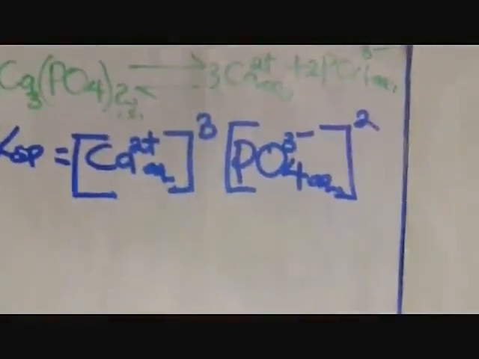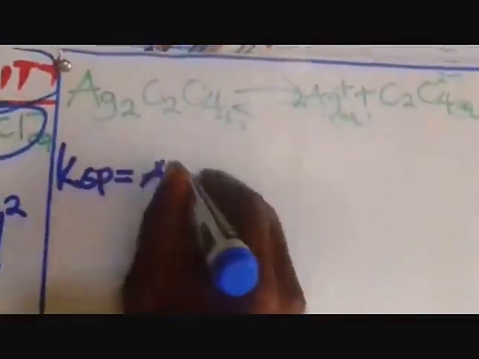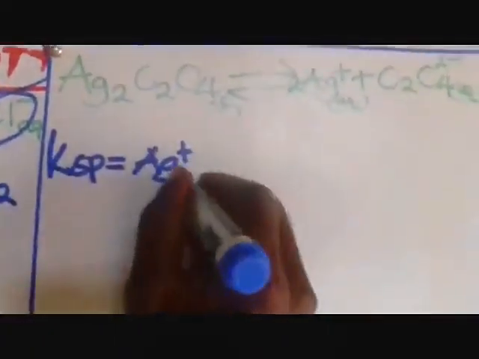Now, if you have, for example, silver oxalate, after writing the equation, of course, when you put it in the water, we are putting reversible arrows because now we are at equilibrium. We have a forward reaction and a backward reaction. So here our Ksp expression is going to be equivalent to the concentration of the silver ions, like that.